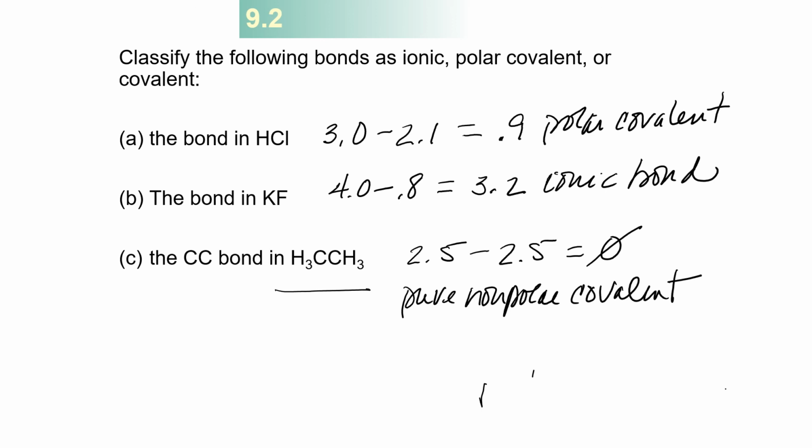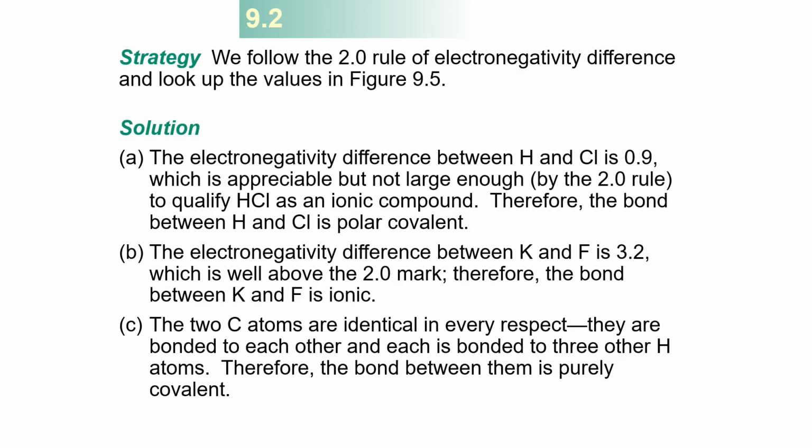And if we had a difference between 0.1 and 0.4, it would just be nonpolar covalent. And as I said, here's the rationale and the solution for that. And you can read through that if you wish. I'm not going to read it to you.